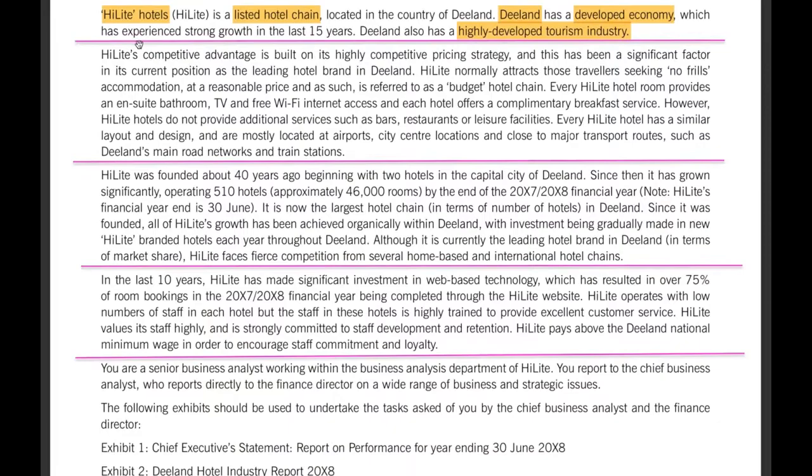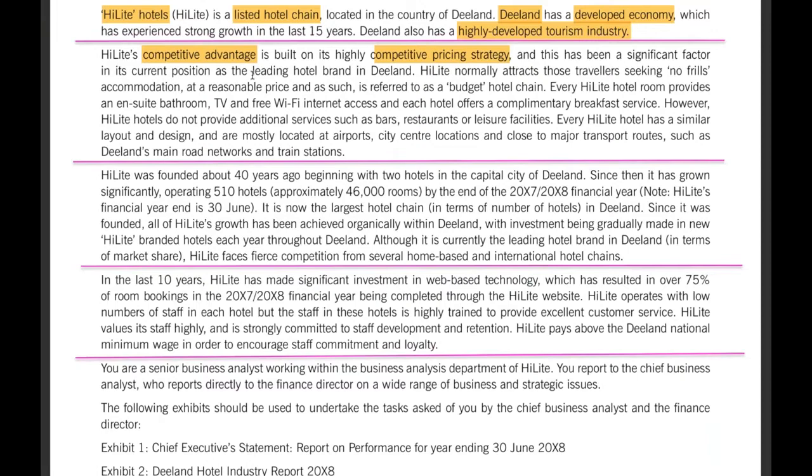It says Highlight's competitive advantage. What's the competitive advantage of Highlight? It's built on its highly competitive pricing strategy. So competitive pricing strategy is actually their competitive advantage, and it has been a significant factor in its current position as a leading hotel brand.